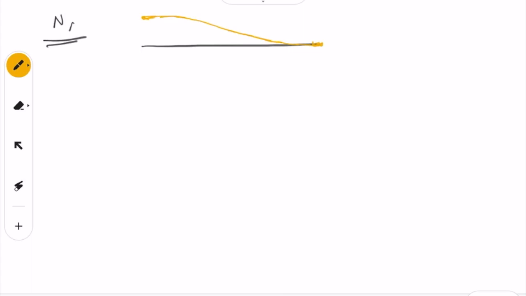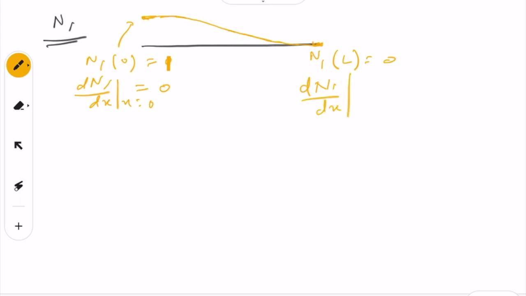Yeah. So, we have to find out what kind of function this is. So, n1 at 0 equal to 1, and dn1 over dx at x equal to 0 is equal to 0. Here n1 at L is 0, and dn1 over dx at x equal to L is also equal to 0.